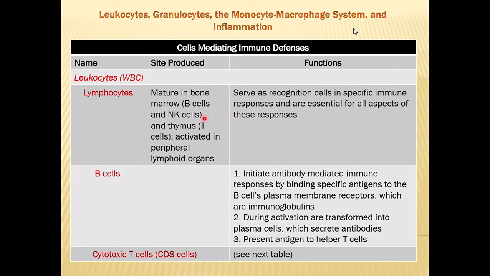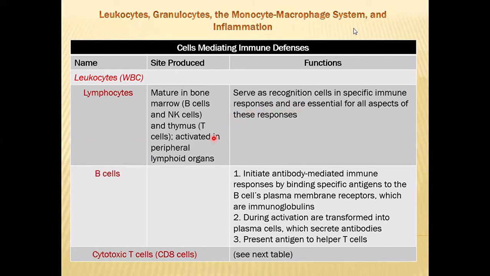Then they are activated in the peripheral lymphoid organs. So in the bone marrow or in the thymus, they differentiate independent of antigenic stimulation. So they serve as recognition cells in specific immune responses and are essential for all aspects of this response.